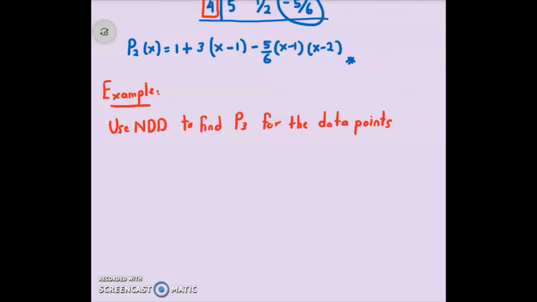Okay, P3, so I need at least 4 sets of data. So 2, 4, 0, 5, 0.5, 8, and 4, 12. Okay, look at here now. These are my set of data.